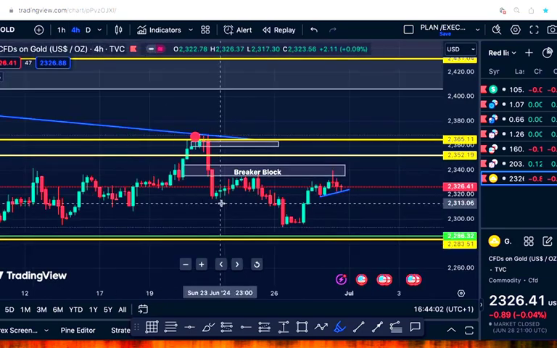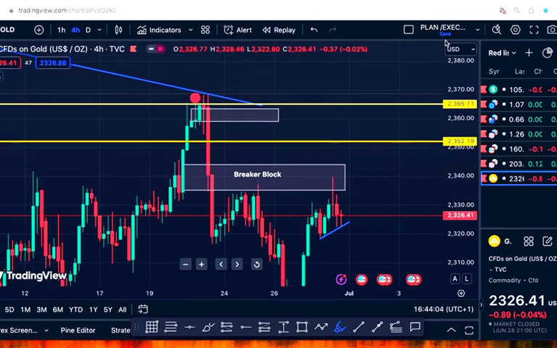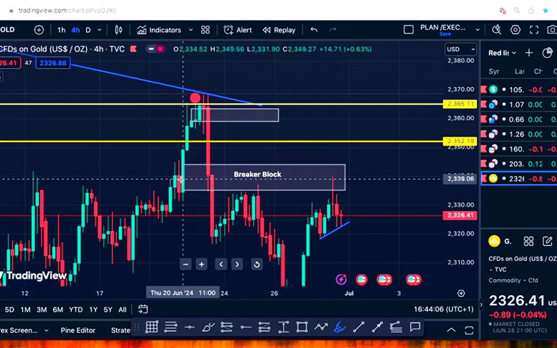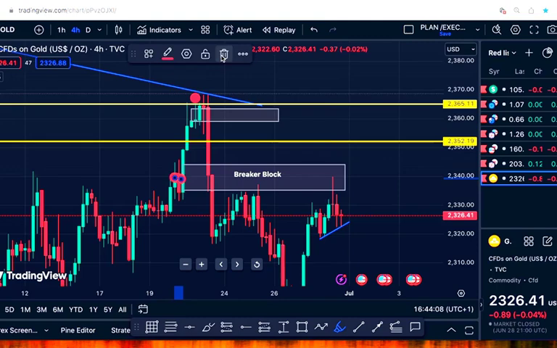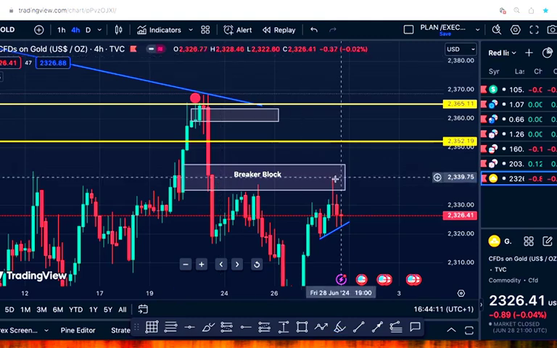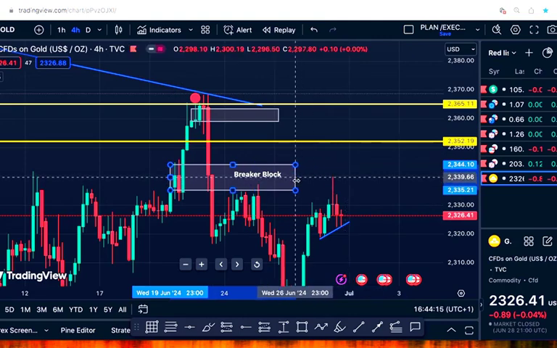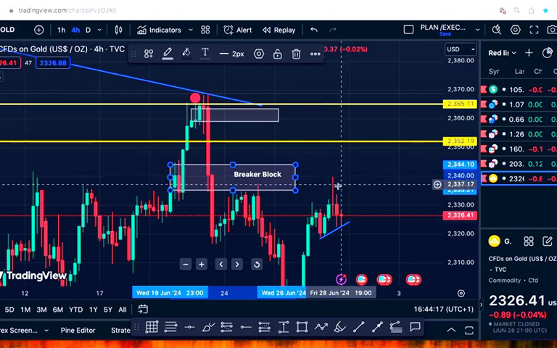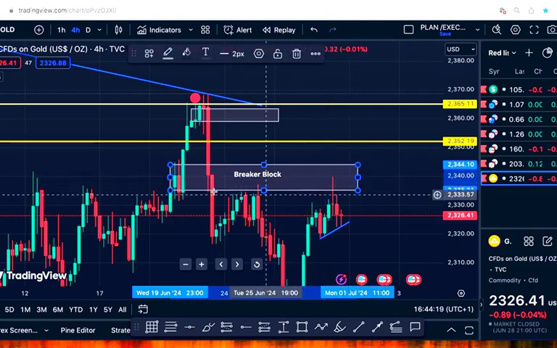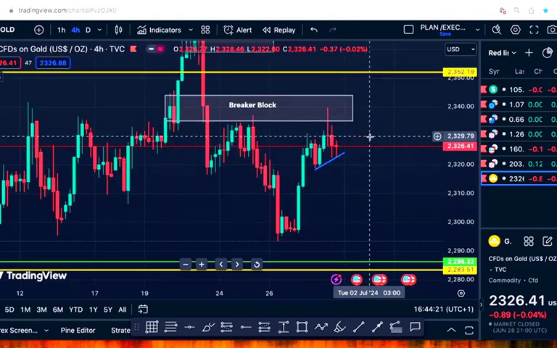I'm very skeptical in this market. So what are we looking at here now? You see, price mitigated this 4-hour breaker block and moved to the downside. It mitigated the breaker block the first time and moved down, then came back and retested this breaker block again, and it's moving down.